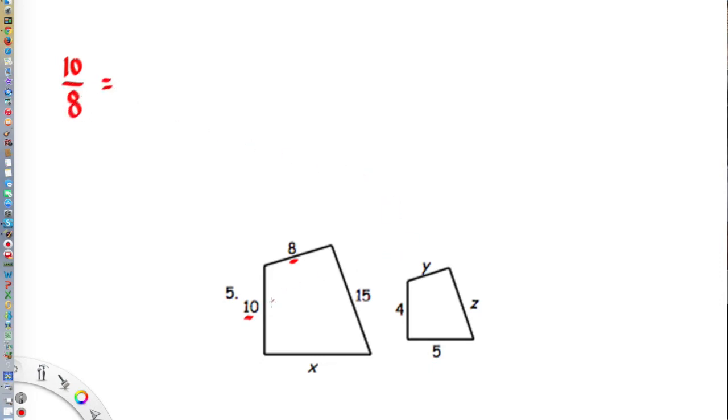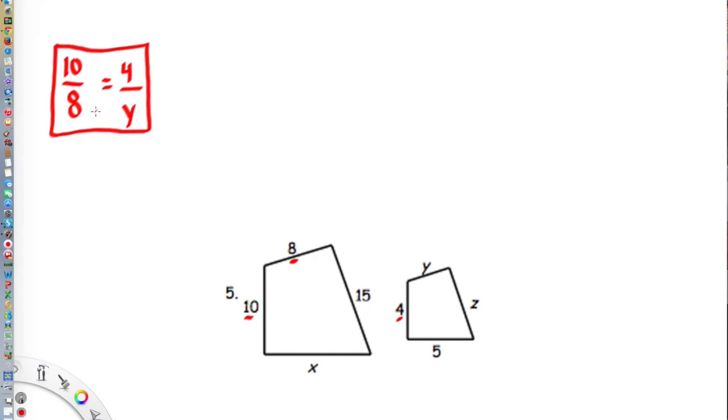What's corresponding to 10 would be 4 over here, and what would be corresponding to 8 would be side y over here. So here's my proportion.